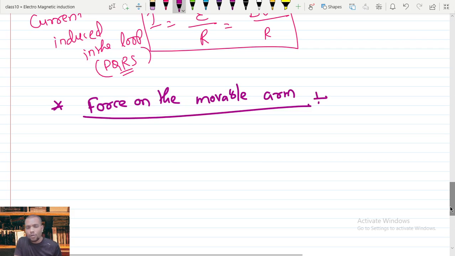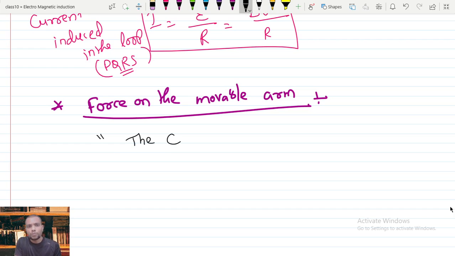Because of the Lorentz force, the conductor PQ of length L and carrying a current I will experience a force in a perpendicular magnetic field. This also we derived in the earlier concept.